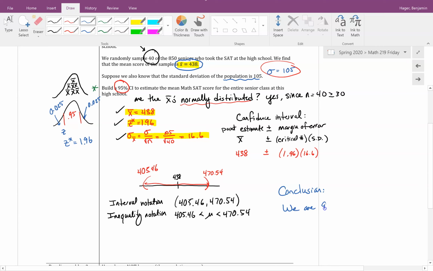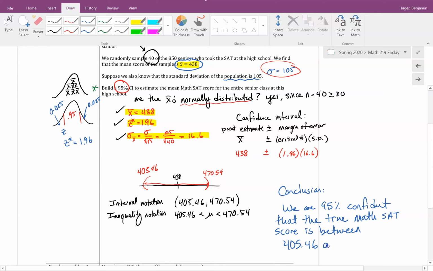We are 95% confident that the true math SAT score, or whatever it is you're looking for, is between 405.46 and 470.54 for the entire high school.